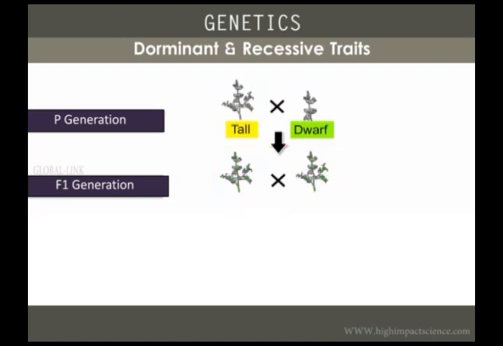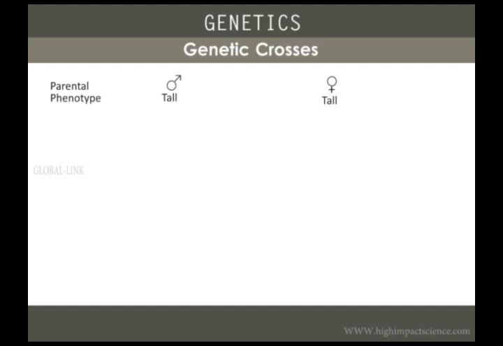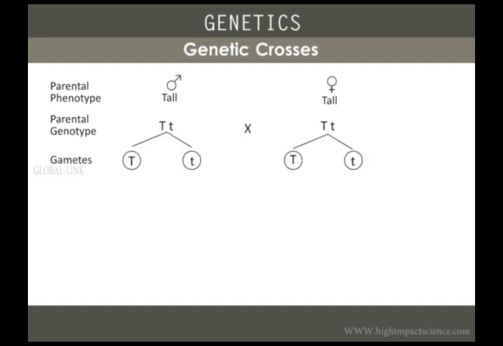When the F1 plants were selfed, we had a dwarf plant. Let's see how that came about in a genetic cross. Parental phenotype, both male and female were tall. Parental genotype, both were capital T, small t. They segregate during gamete formation, and we circle the gametes.